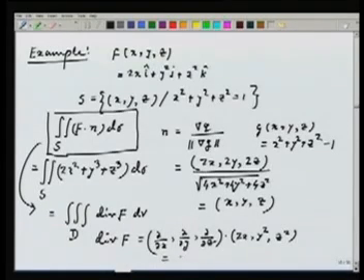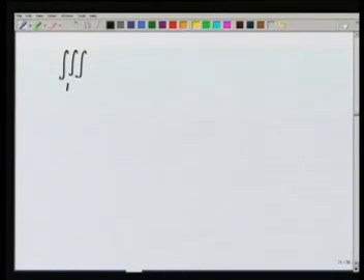This then turns out to be 2 plus 2y plus 2z. That means what I need to calculate then is the triple integral over D of 2 times (1 plus y plus z) dx dy dz.